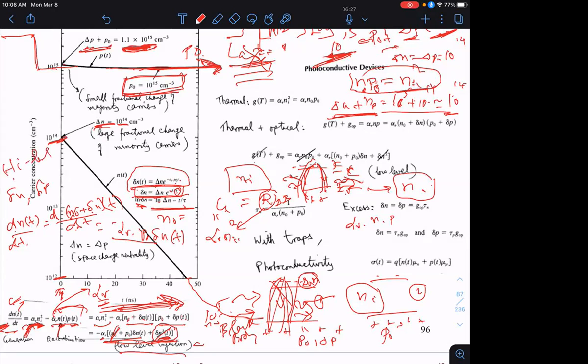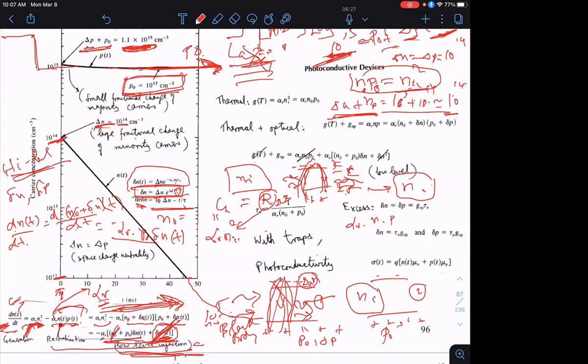The only difference between the high level case and the low level case is, in low level injection, you can ignore this quadratic term delta n squared, but for high level, you actually have to solve this quadratic equation for delta n. I've given you some homework problems that you'll have to solve after the midterms. So whenever I tell you low level versus high level, in low level, you can ignore the quadratic term. In high level, you have to solve the quadratic. That's the only difference.